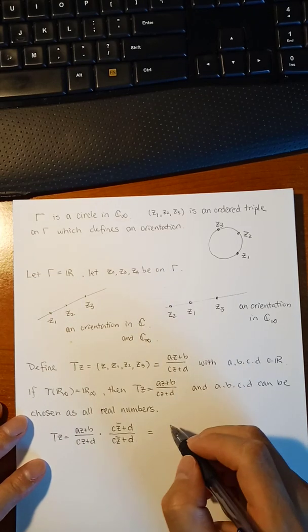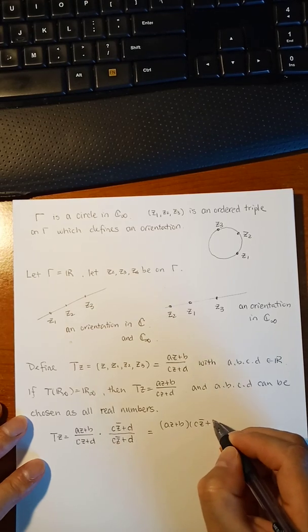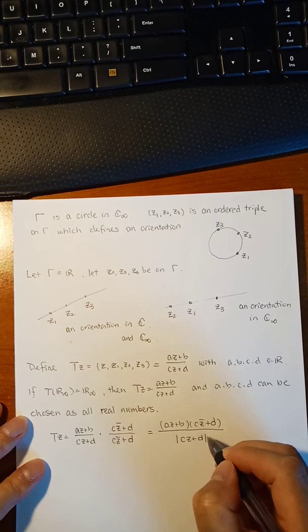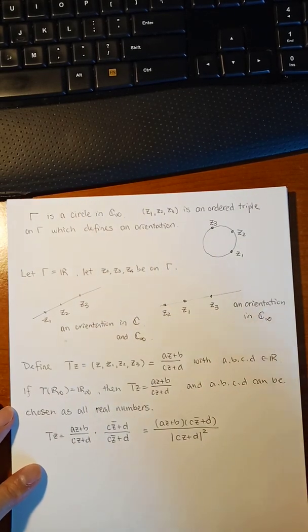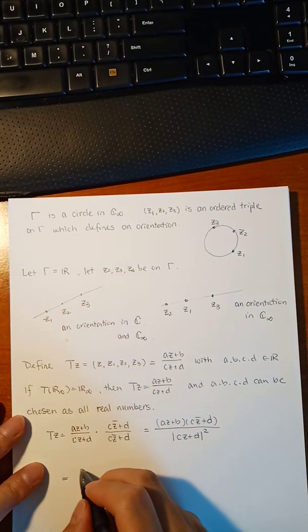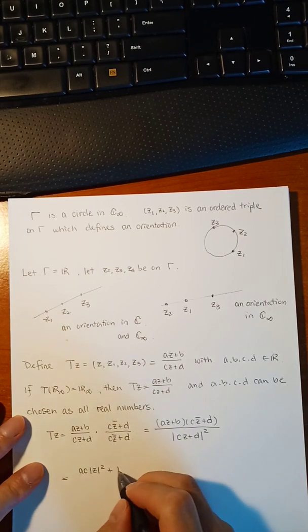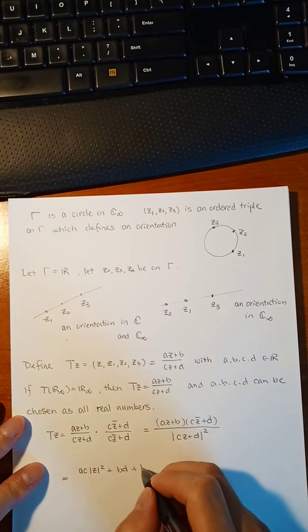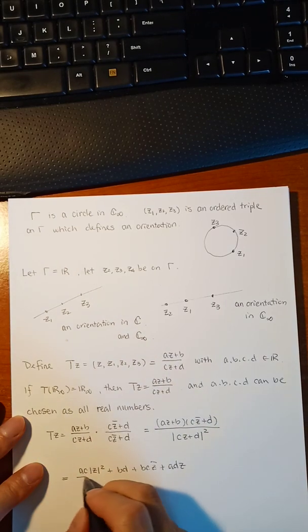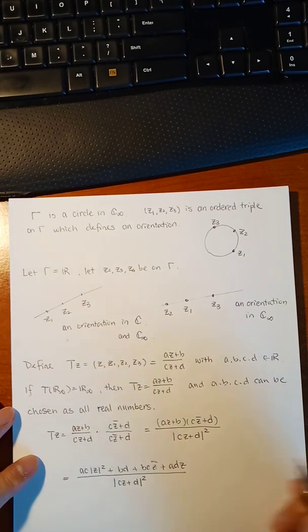And this is (AZ + B) times (C Z bar + D) over the magnitude |CZ + D| squared. And then you multiply the numerator. You will get AC|Z|^2 + BD + BC Z bar + AD Z, over this number. This number is a real number, so division is clear.